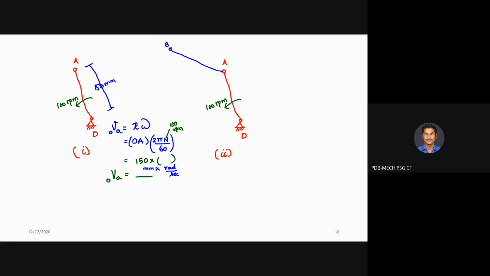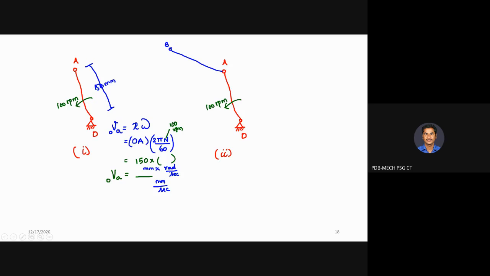Whenever you are multiplying radians per second with another unit, radians will be silent. So the final unit will be mm per second. Mm per second or meter per second, anything you can take. So the basic unit for linear velocity of point A with respect to a pivot point is some value in mm per second.